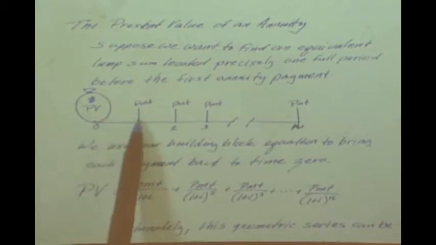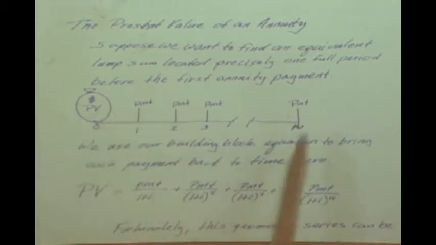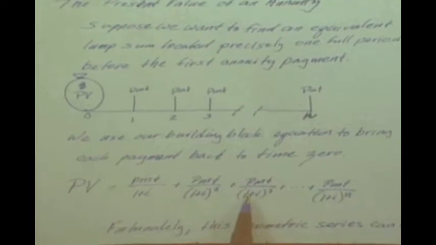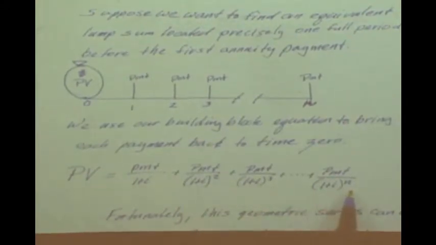So we bring payment number one back one period, payment number two back two periods, and so on. The equation is simply the building block equation, time after time after time. We bring the first payment back one period, the second payment back two periods, the third payment back three periods. The last payment would be brought back n periods in time.